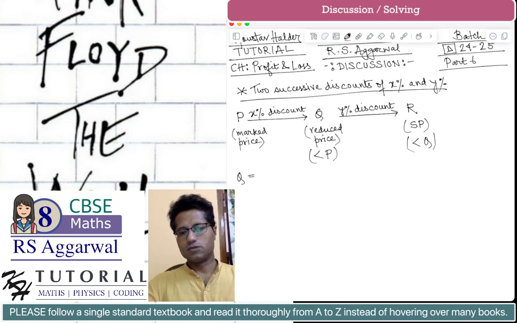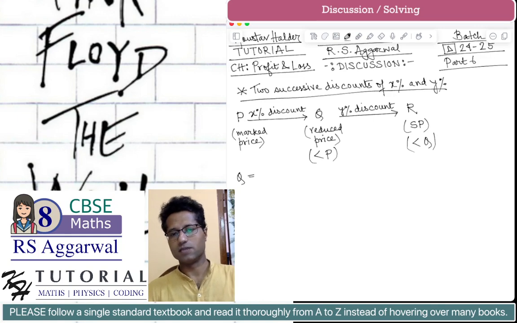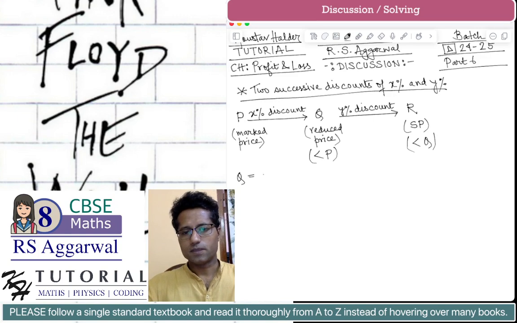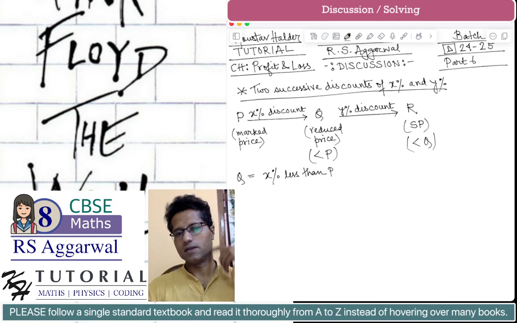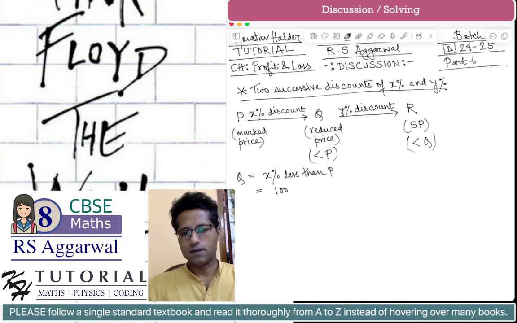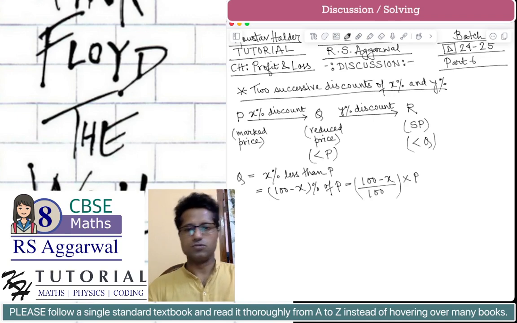Q is the reduced price, that is, the price when a discount of X% has been applied on P. So we can say that Q is X% less than P. When we say X% discount has been applied on P, the reduced price is nothing but X% less than P. And X% less than P is nothing but 100 minus X percent of P, which is equal to (100 minus X) divided by 100, this whole multiplied by P. So this is Q. In terms of X and P, where P is the mark price, this is the price of Q.